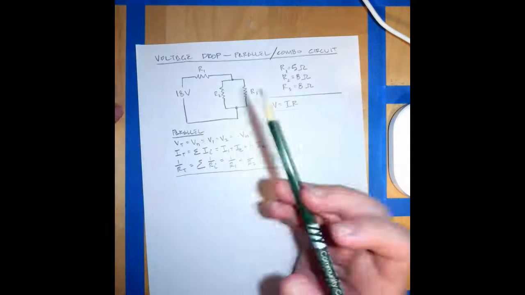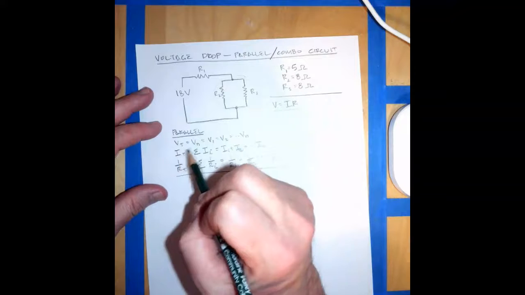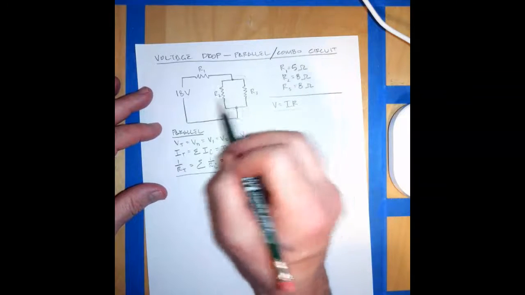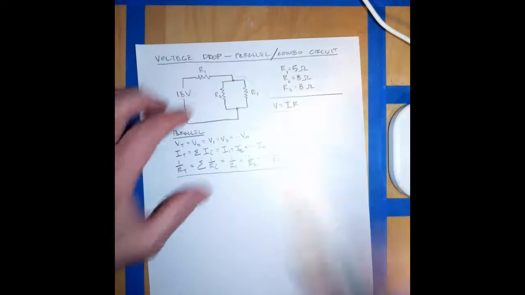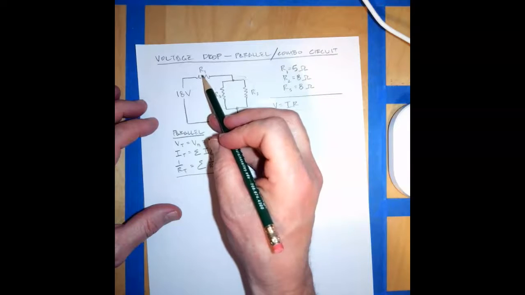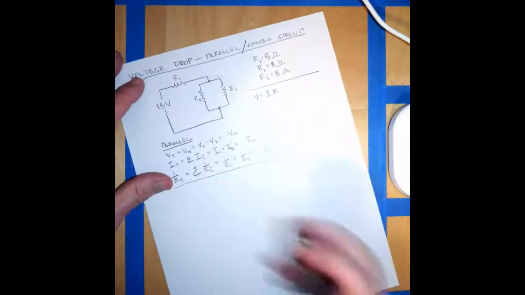So the way that we're going to solve this is, first we're going to simplify this, because we can't really deal with it like this. So how do we simplify it? We're going to get an equivalent resistance, and then we're going to basically have an equivalent resistance that we can then put in series with resistor 1.